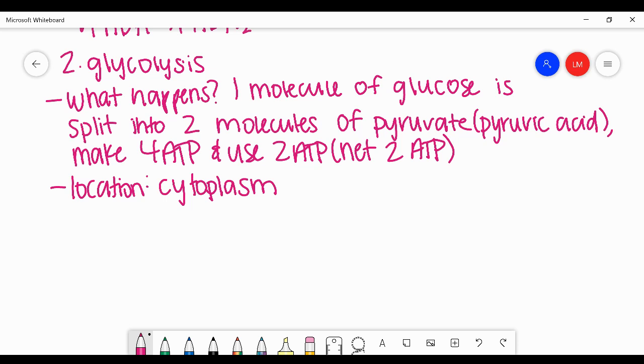So glucose is coming into the cell. Maybe it's just left a chloroplast if you are a plant cell, or maybe with animal cells, it has been consumed and carried to the cell via blood. We are going to use glucose and we are going to make 2 pyruvate.